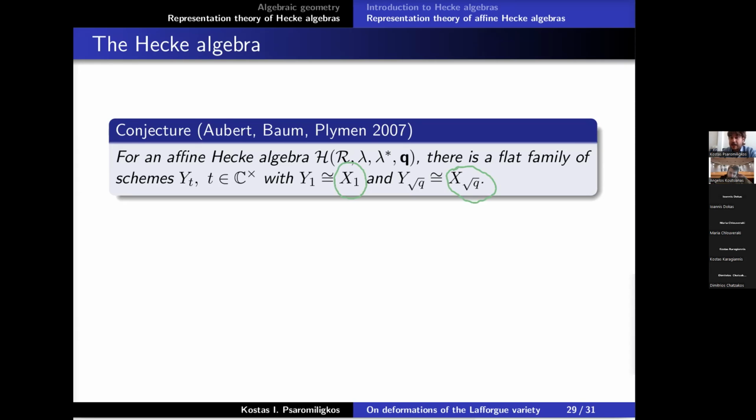We understand group algebras. And this will give us the Lafforgue-Hecke algebras that we are interested in. So we would like to have a flat family deforming this reducibility locus between something we understand and something that we want to know. This is a weak version of the conjecture. They actually also require some things from this family. But we will see that next time.